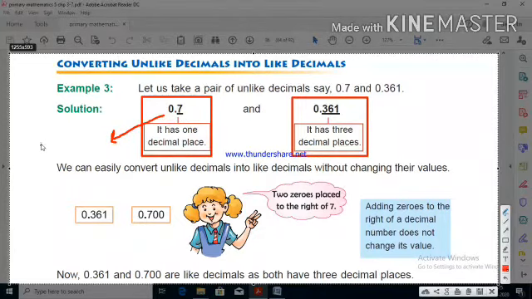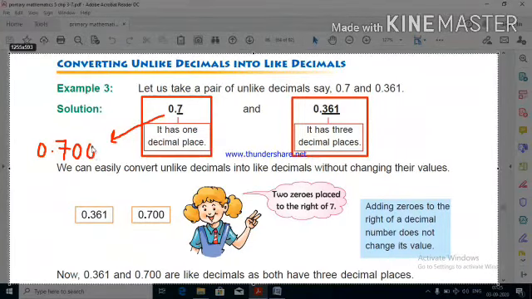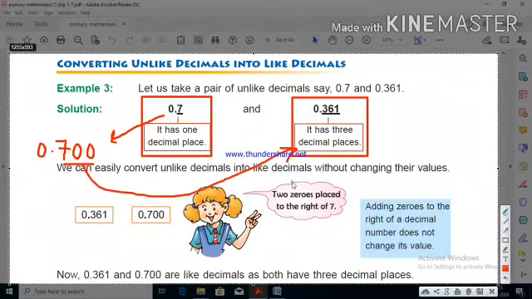Here, if it is 0.700, then how many digits are there? There are 3 digits. Now compare with the next one, it is also 3 digits. That's why they are known as like decimals.